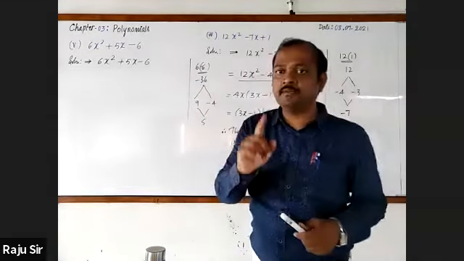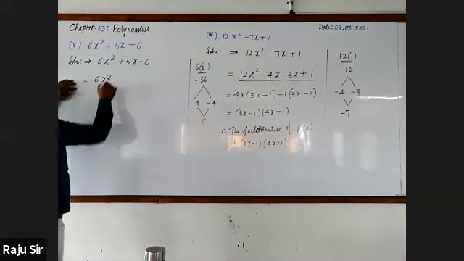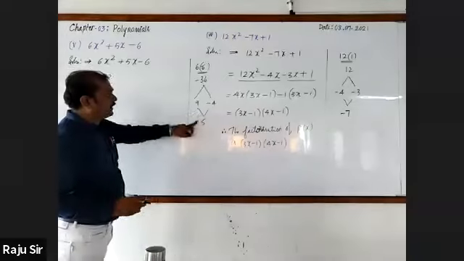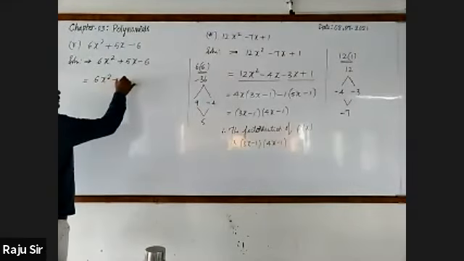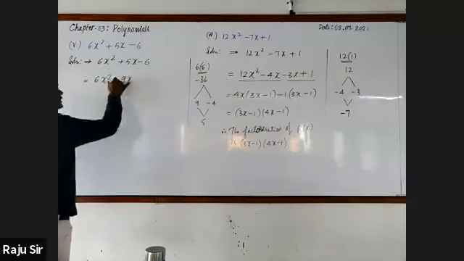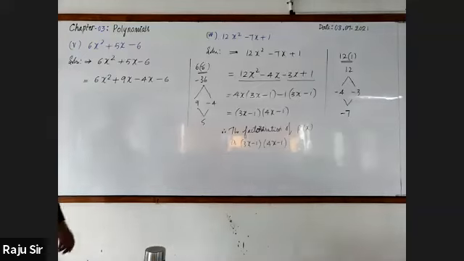Please ask me if you have any doubt. If no doubt, continue to write with me. 6x squared, 5x is written as 9x minus 4x, minus 6.